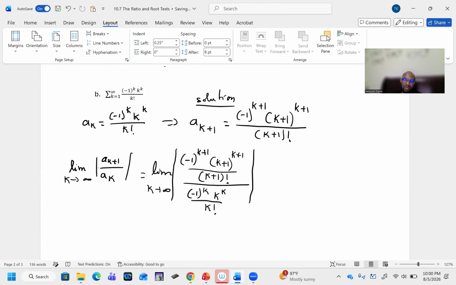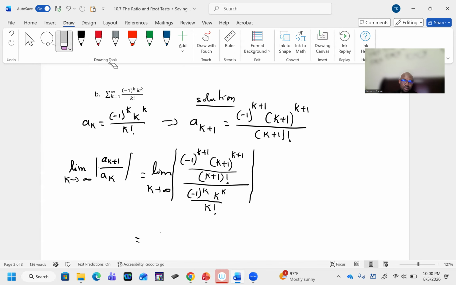You can take a scratch paper to do the simplification yourself, okay? And this will give me the limit of a fraction divided by a fraction.